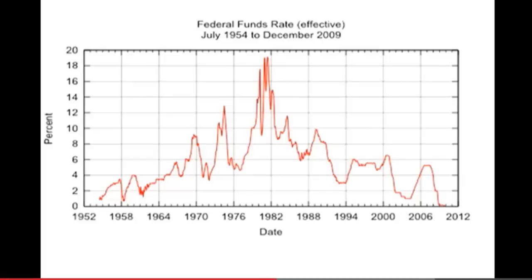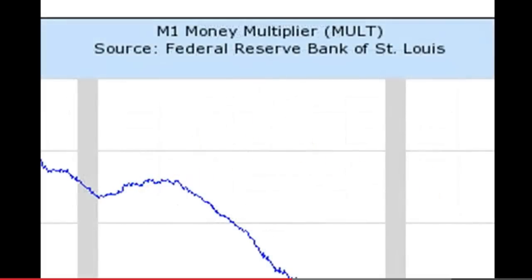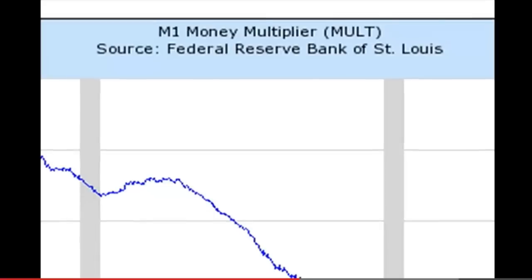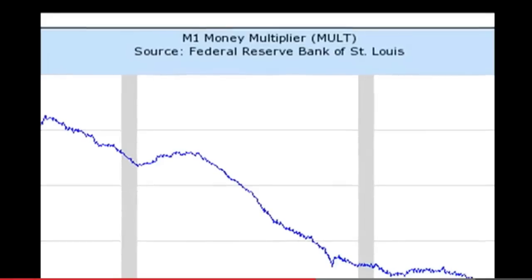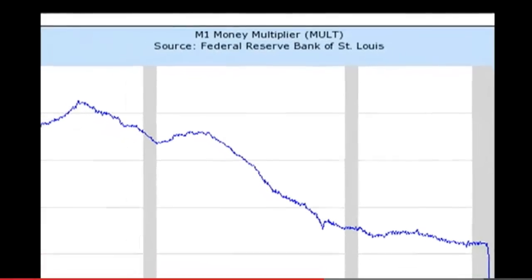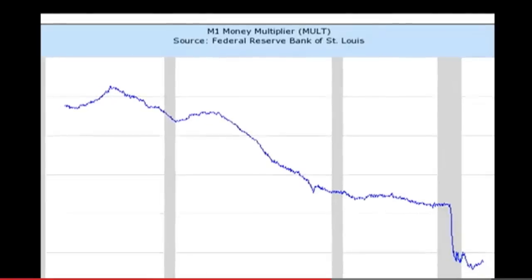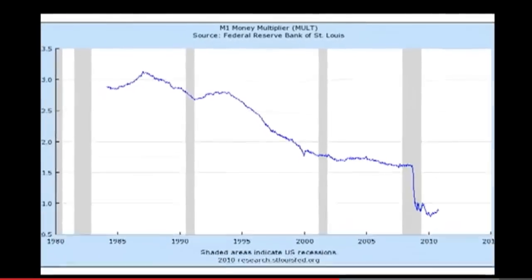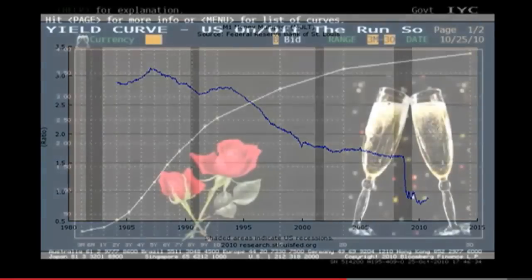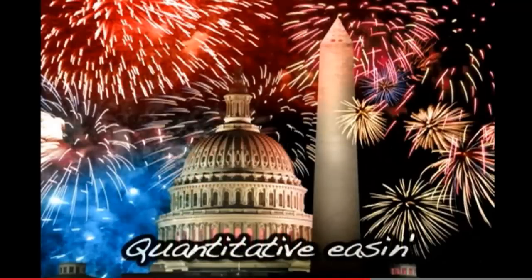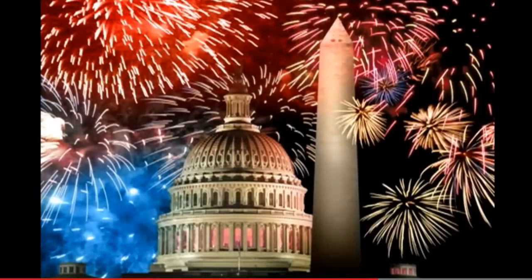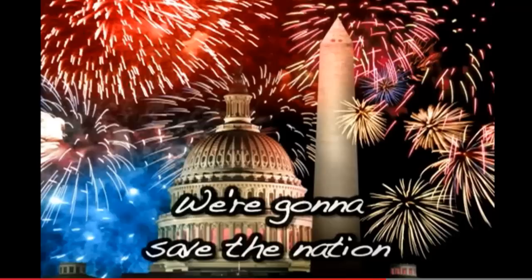But if I limit myself to the $2 trillion in mortgages and treasuries I've already bought, I will go out of my mind. So I want to buy more. More 2-year notes. More 5-year notes. More 10-year notes. Baby, I want to buy the long bond. Quantitative easing. We're going to save the nation.